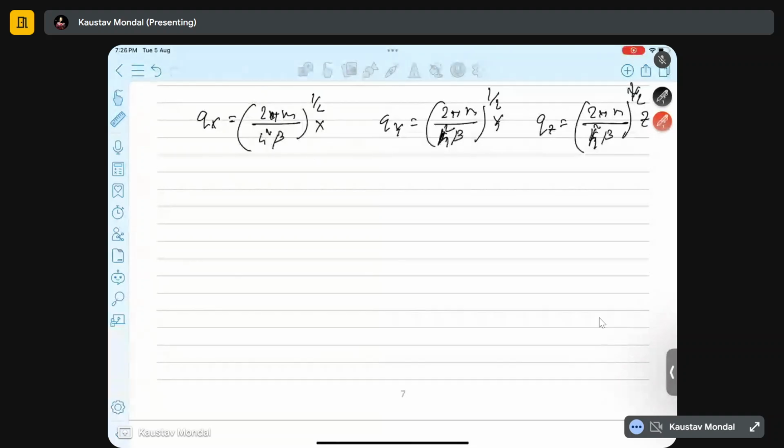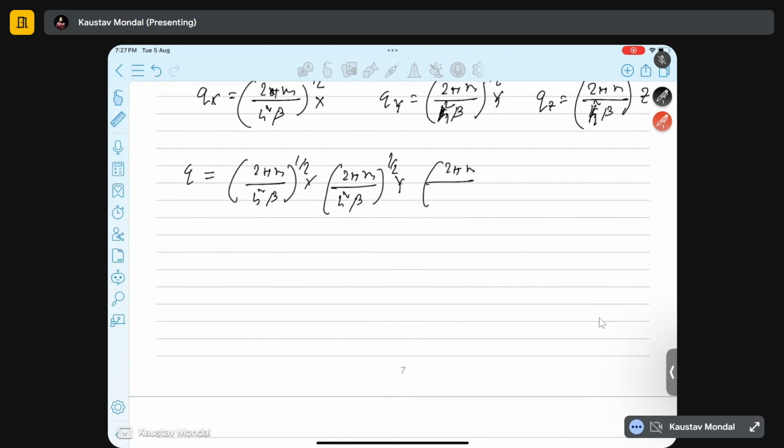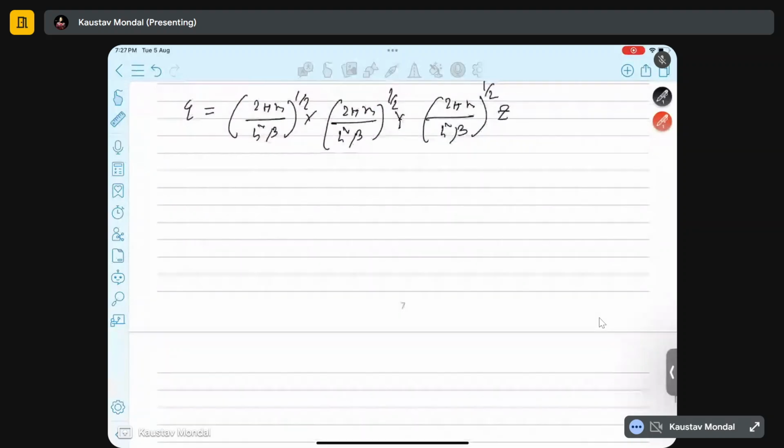So for 3 dimensions, Q would be simply the multiplication of all these three: 2 pi m over beta h square to the power half x, 2 pi m over beta h square to the power half y, 2 pi m over beta h square to the power half z. So Q would be 2 pi m over beta h square to the power 3 by 2 times x y z.